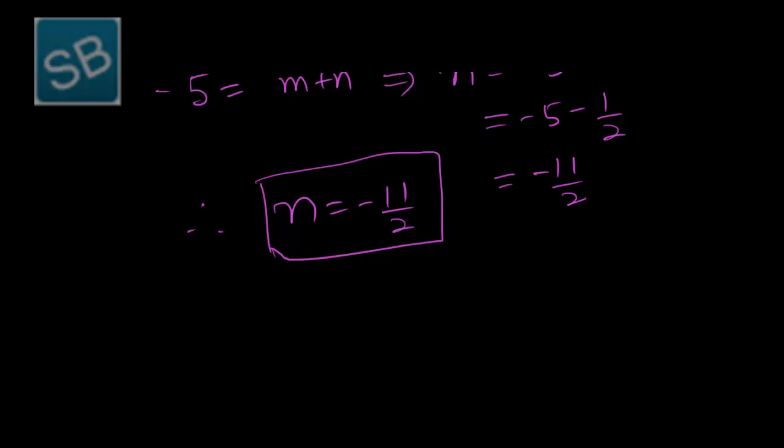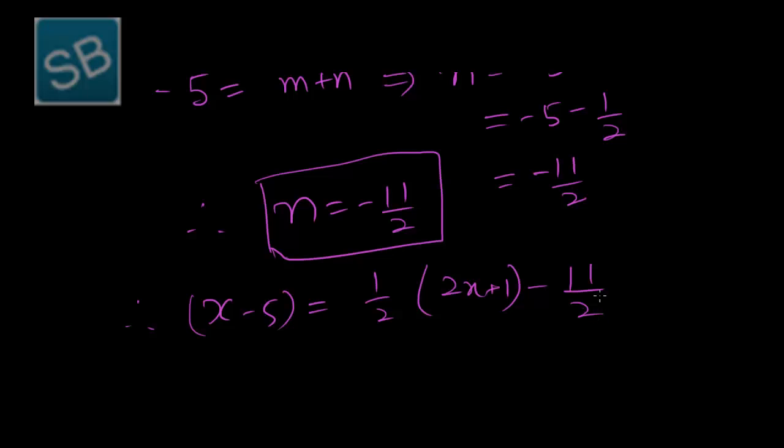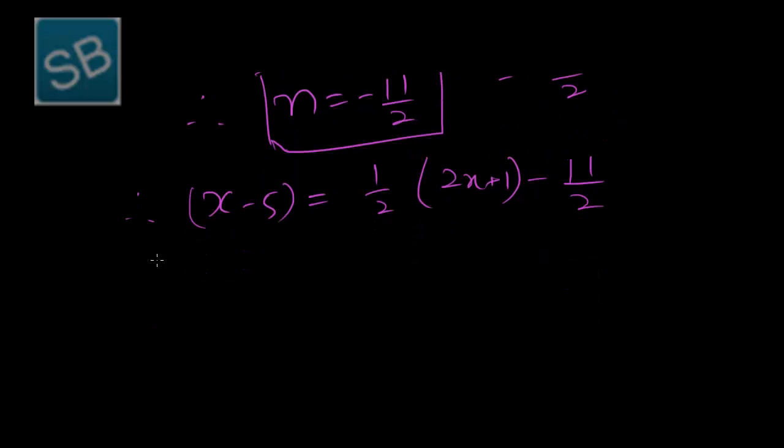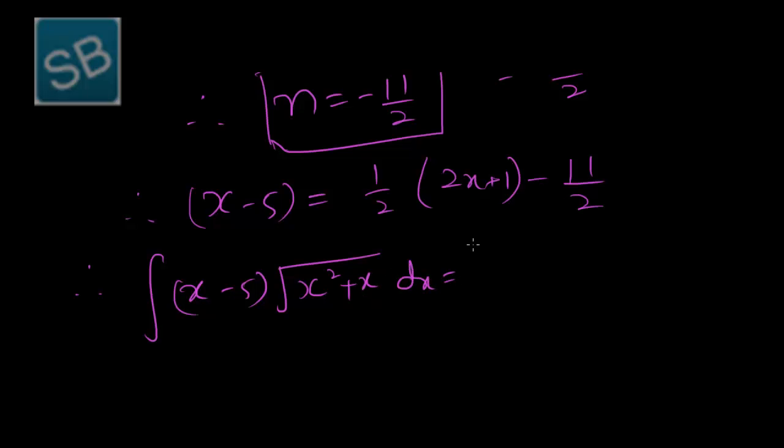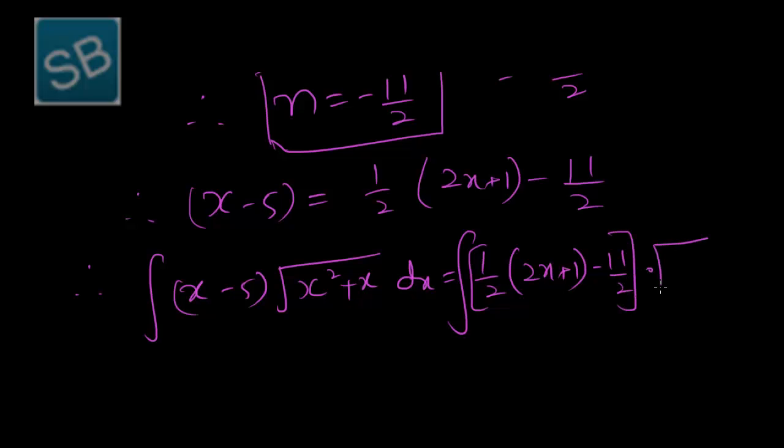So, we can write x minus 5 is equal to half (2x plus 1) minus 11 by 2. Therefore, the integral of (x minus 5) under root x square plus x dx becomes the integral of [half (2x plus 1) minus 11 by 2] times under root x square plus x dx.